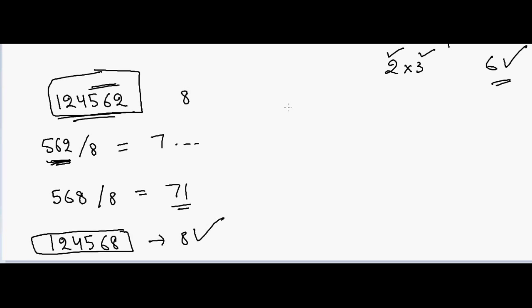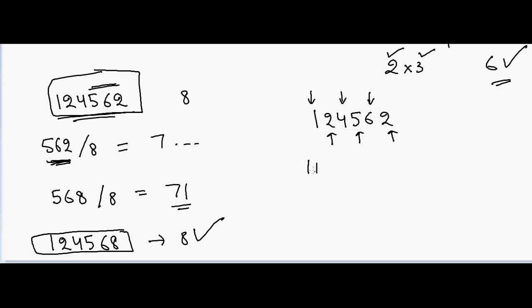Now let's talk about the divisibility by 11. So if I have 1, 2, 4, 5, 6, 2, and I want to find out whether this number is divisible by 11, what I'll do is take the alternate numbers. So 1, this number, and this number. So I'll take this and this, and then I'll take this number and this number, and I add them together.